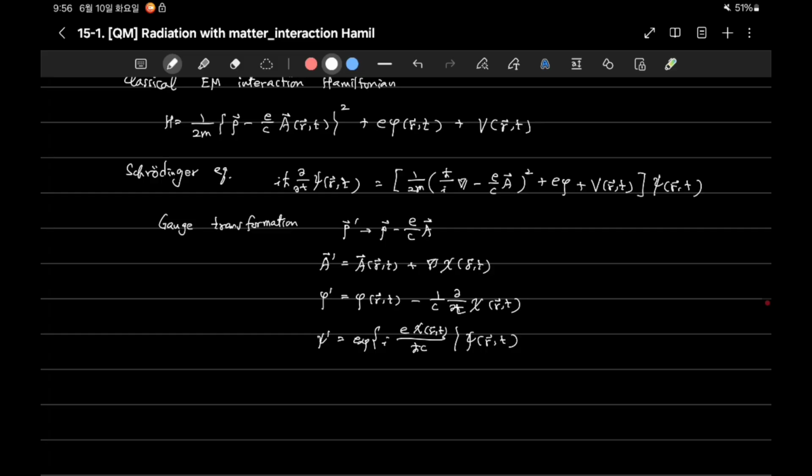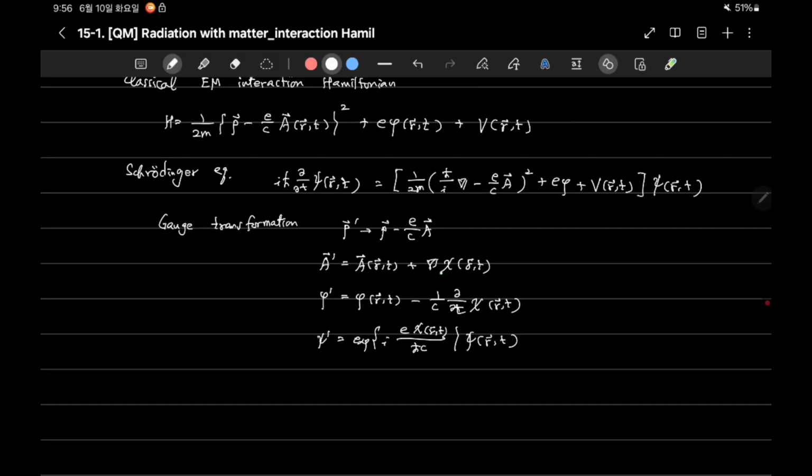Physically, it means that physically observable quantities are independent of any gauge transformation. This gauge transformation comes from applying the magnetic field or the electric field, and it should be invariant under such a transformation.